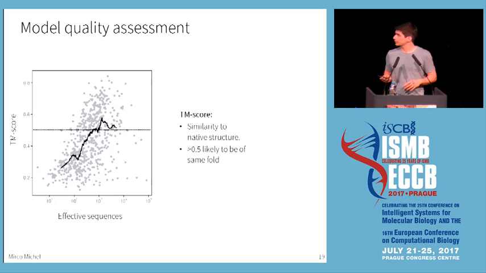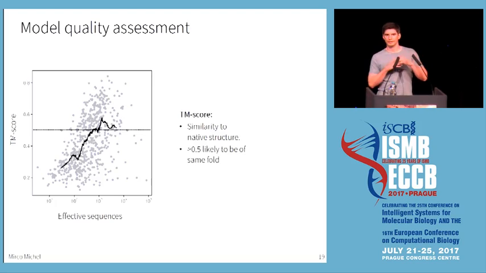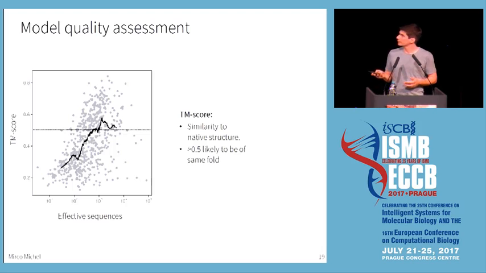And as I said before, you could do that by looking at effective sequences, so the size of the alignment. The quality of the contact map is somewhat dependent on the size of the alignment, but the correlation is even less if you look at the quality of the structure. You could have a cutoff, say, using everything which is larger than 1,000 effective sequences, but it's not such a good measure.